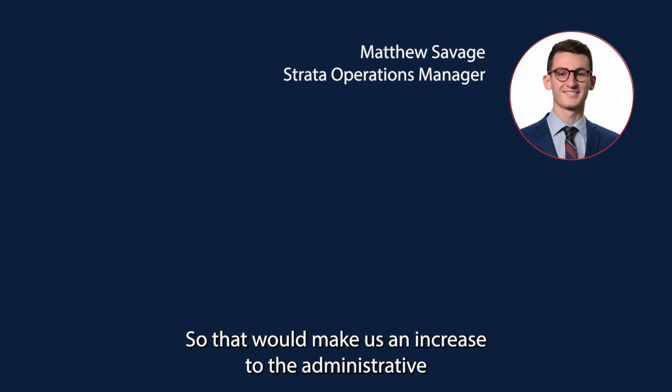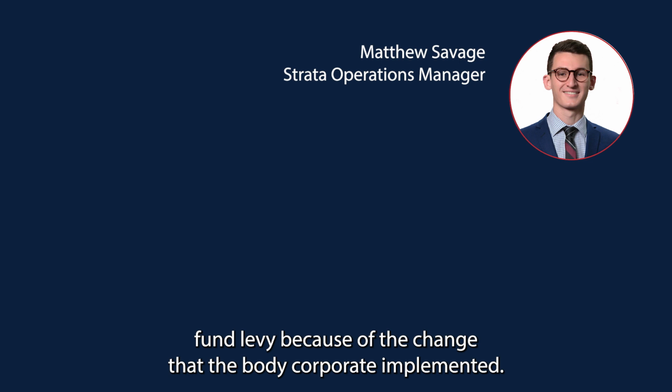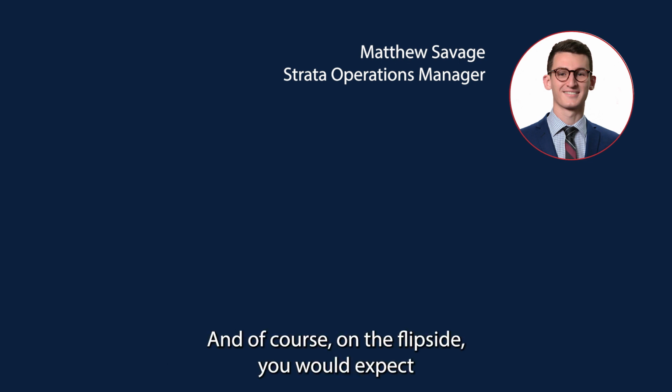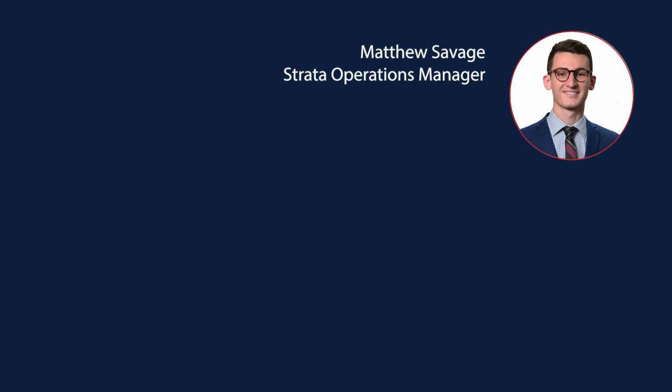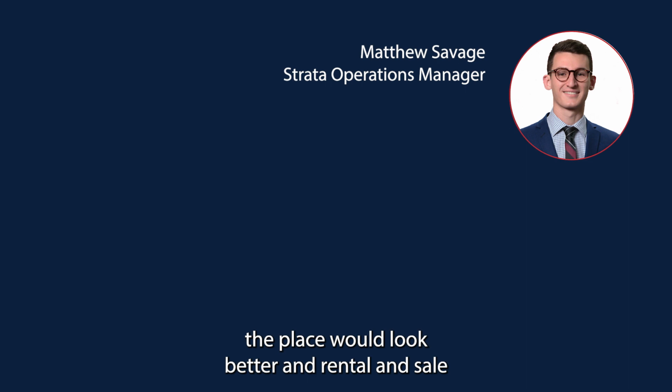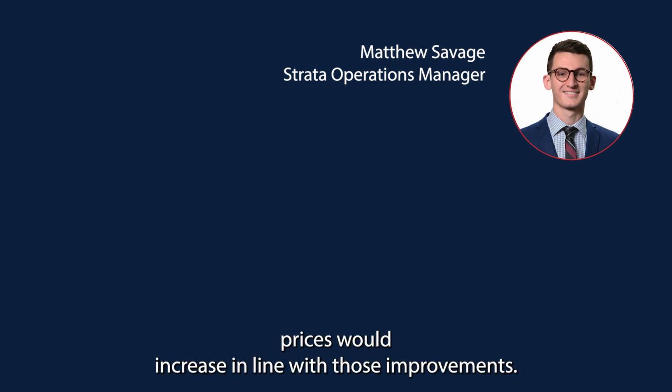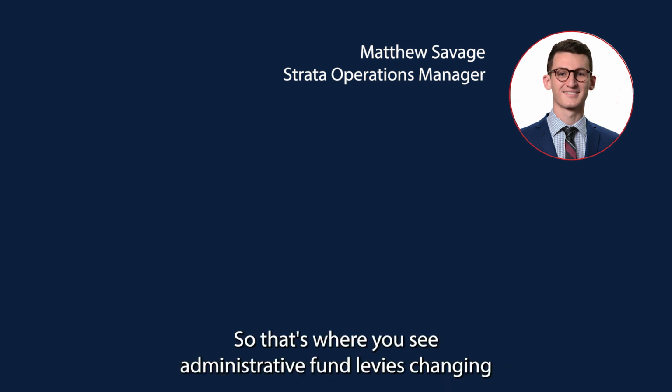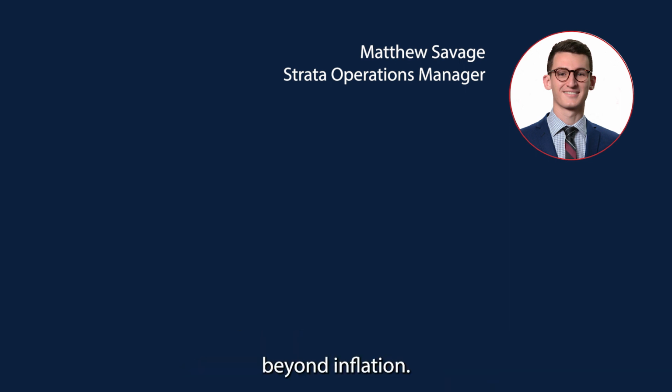So that would make an increase to the administrative fund levy because of a change that the body corporate implemented. And of course, on the flip side, you would expect the place would look better, and rental and sale proceeds would increase in line with those improvements. So that's where you see administrative fund levies changing beyond inflation.